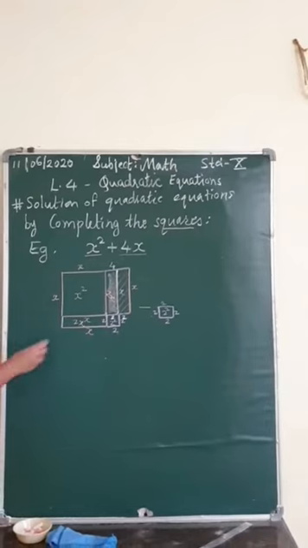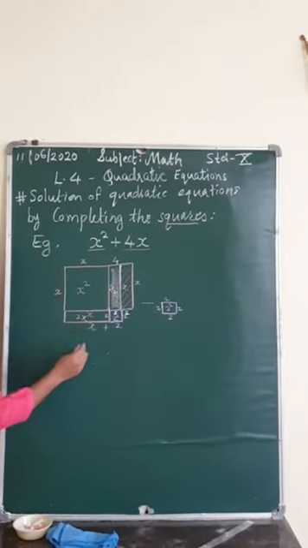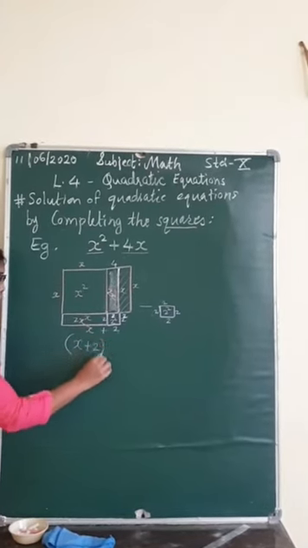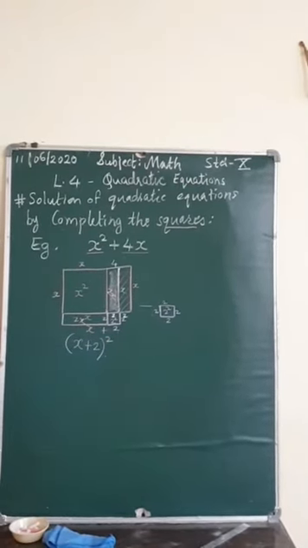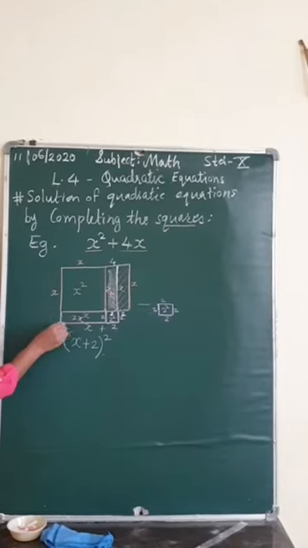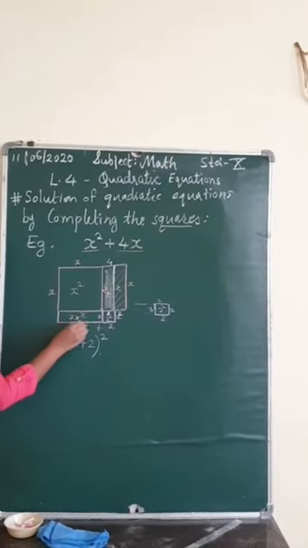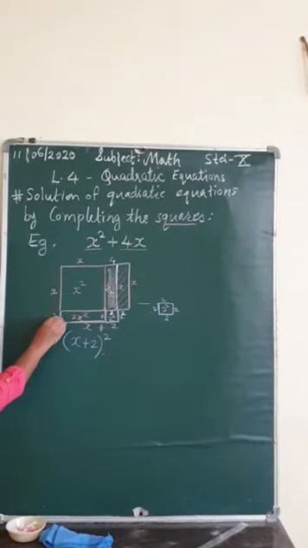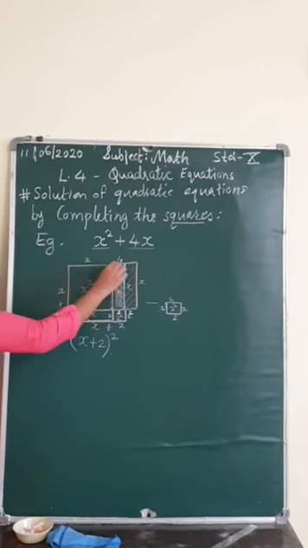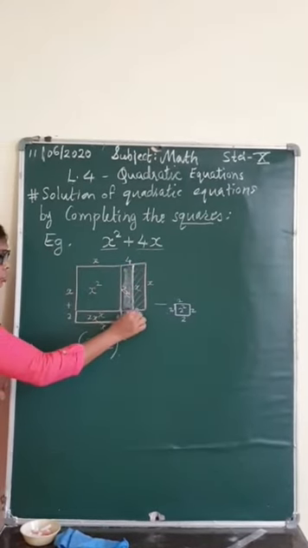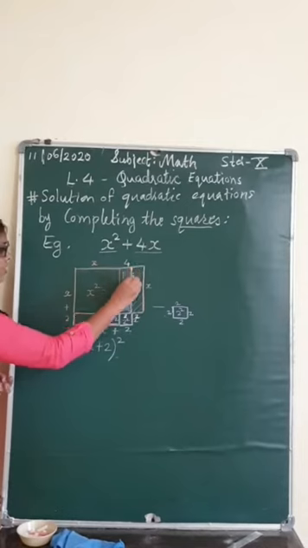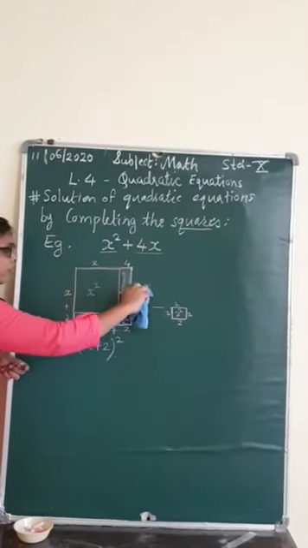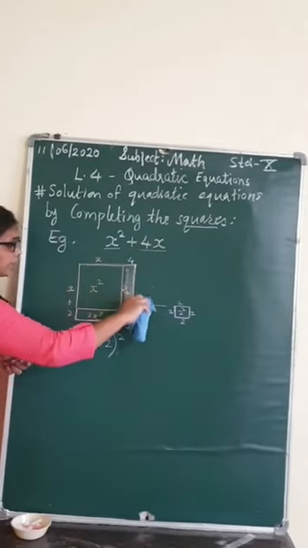In pictorial form, if we have this complete square, how will it be? x plus 2 whole bracket square, because this x plus 2, this x plus 2, this whole will give us a complete square. And let me remove this because we have already added this rectangle to the other side.